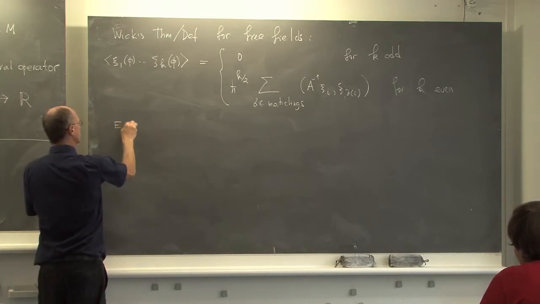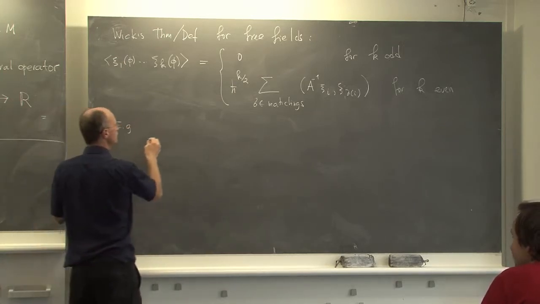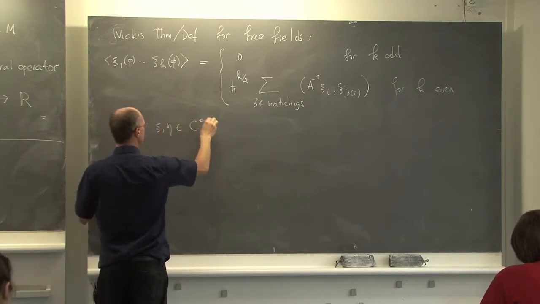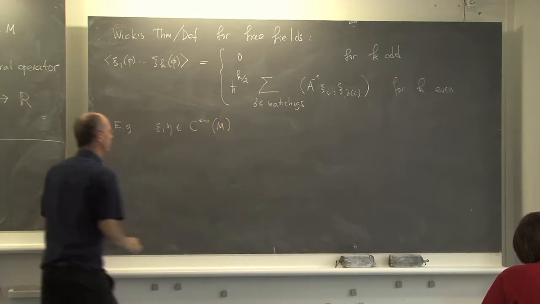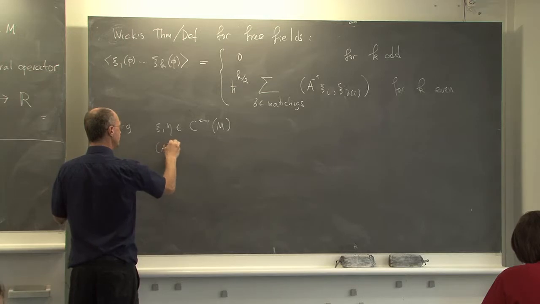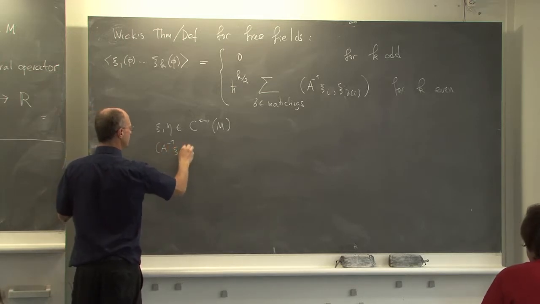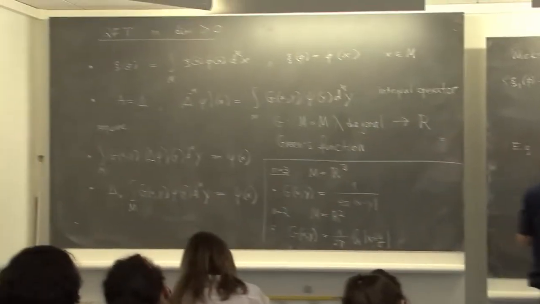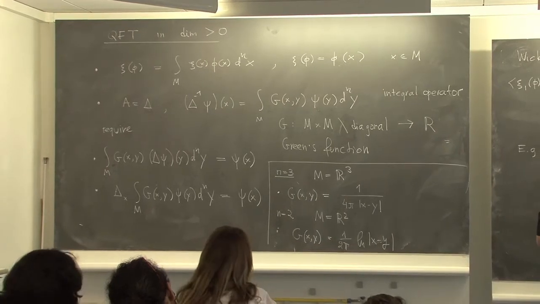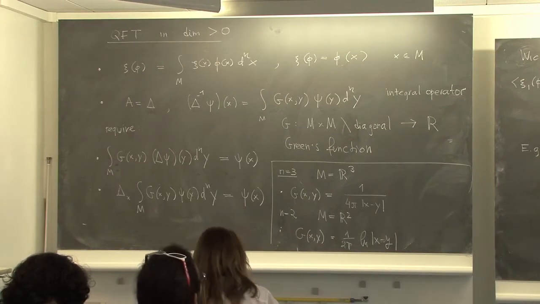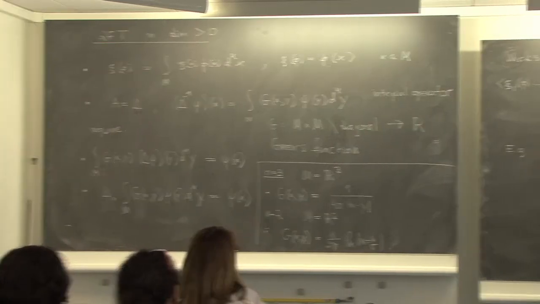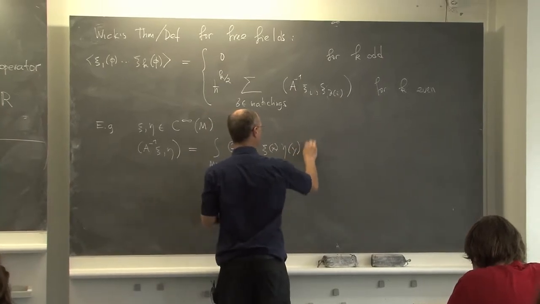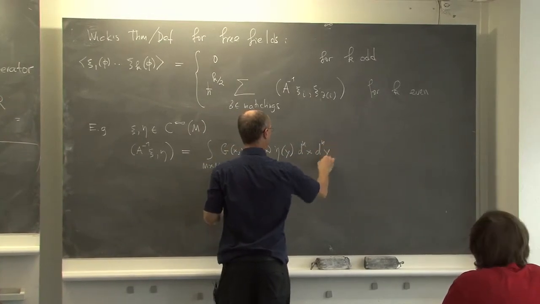Perhaps just to say, suppose we have xi and eta, some smooth functions on M. In this case, this A inverse of xi, eta, for our Green's kernel, will be an integral over M cross M of G of x, y, xi of x, eta of y, dx dy.